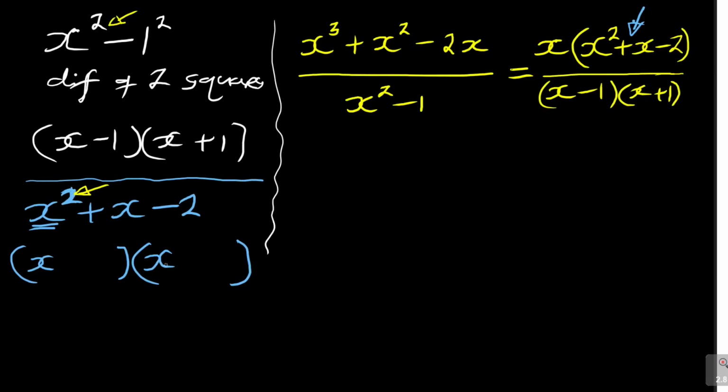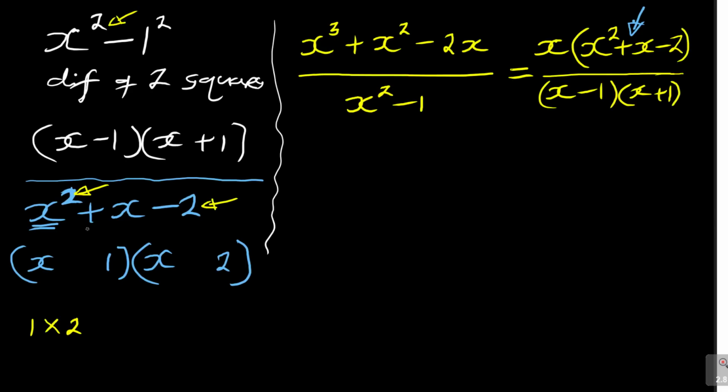Now the next number to focus on is this 2. So you ask yourself, how many ways can I get 2? The two numbers that I can multiply to get 2 are 1 times 2. There is no way I can get 2 except by 1 times 2. So here I can put a 1, here I can put a 2. Do you see that? That's the only way I can get this 2.